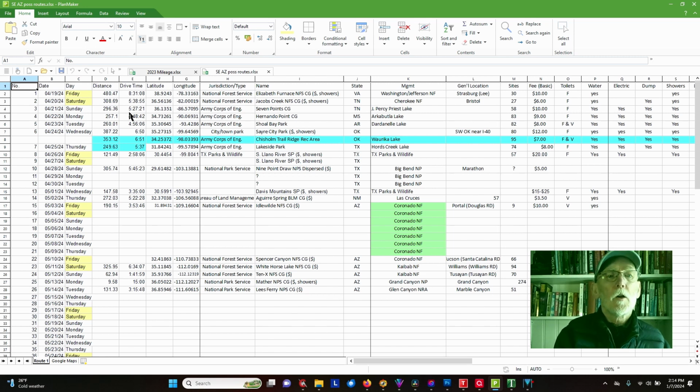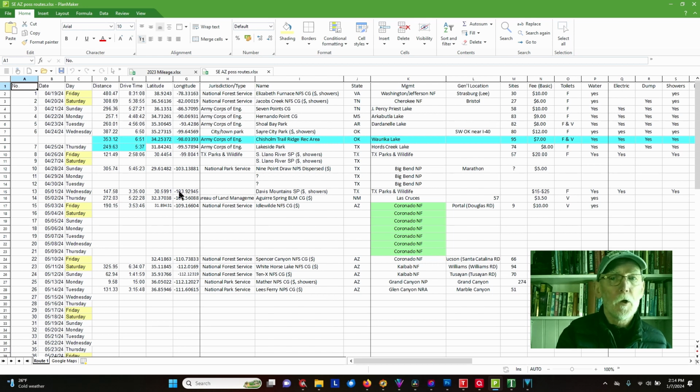And in most cases, especially for a Friday, I try to have a second or third choice that's relatively close by, and so hopefully between the several choices that we've got, we'll be able to find some place that we'll be able to stay, and usually at least one of those places will be something like a rest area or something that we know no matter what we'll be able to stay there.